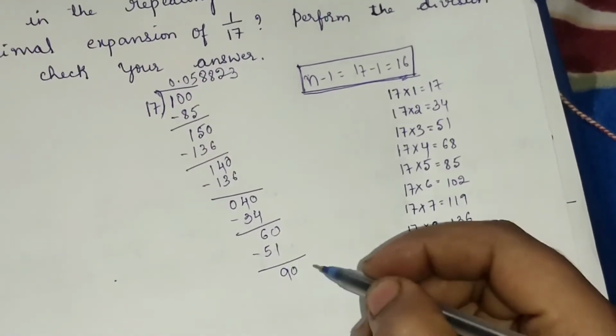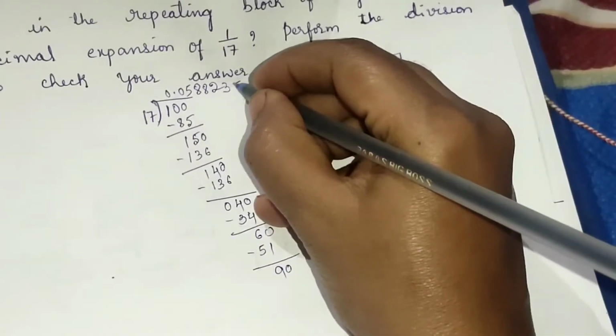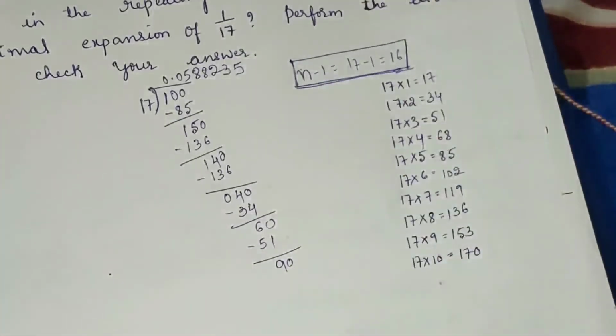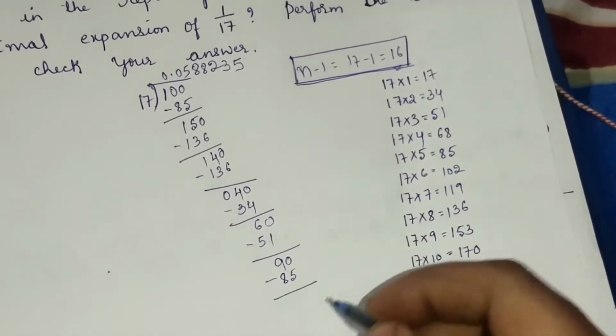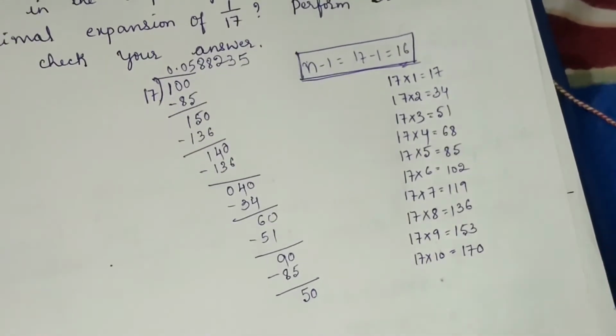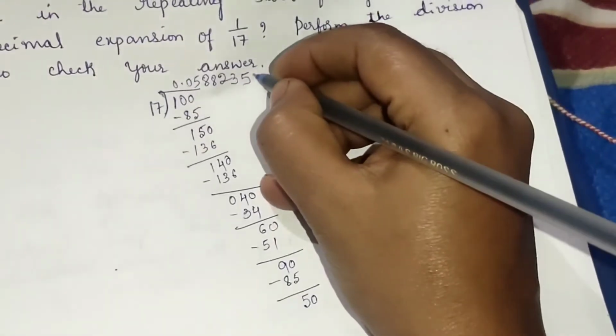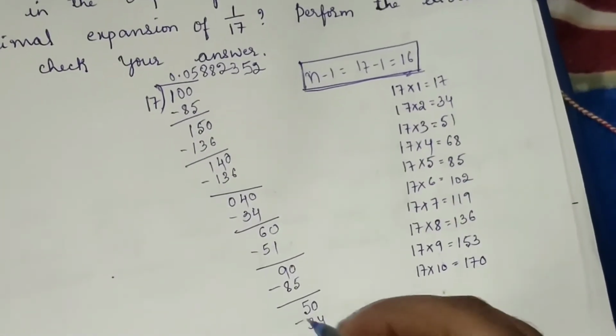Put 0, then it will be 90. 17 5s are 85. When you subtract it, you will get 5 and take 0. It is 50. Again 17 2s are 34.